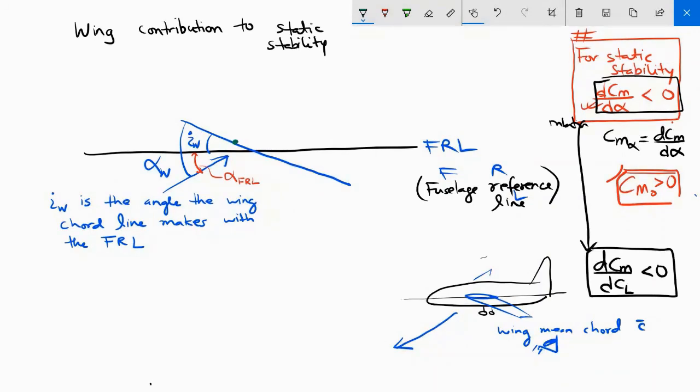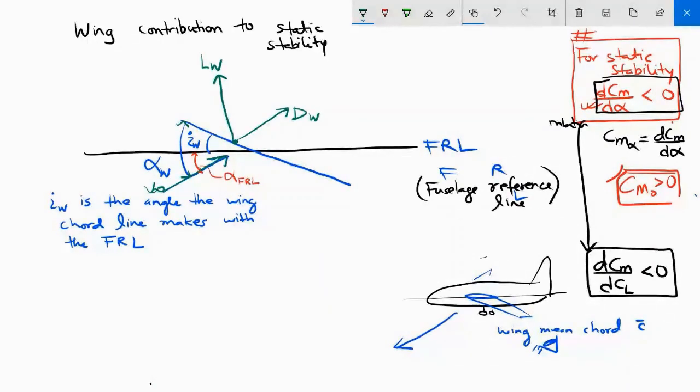The drag force is going to be in the same direction as the relative wind, so when I sketch a vector representing the drag on the wing, that should be parallel to the relative wind. The lift will be normal to that. This vector here represents the lift on the wing.